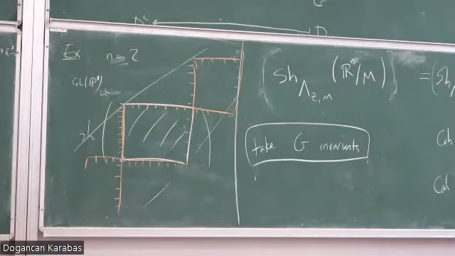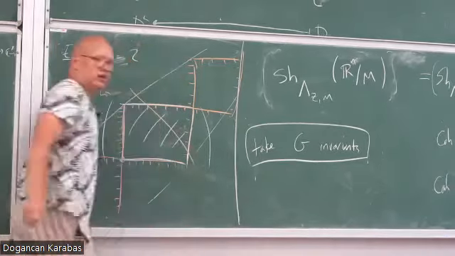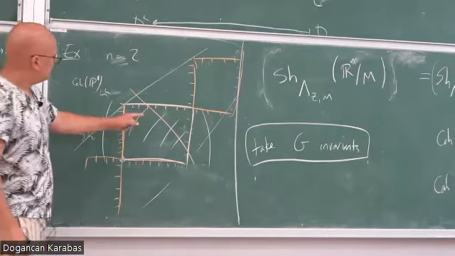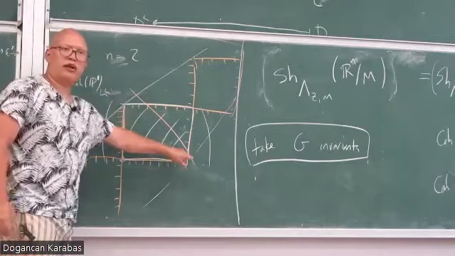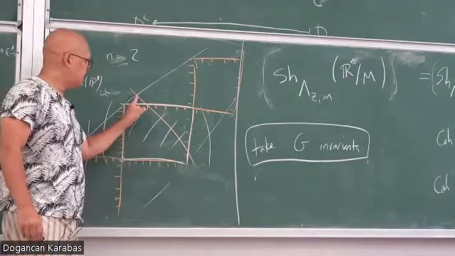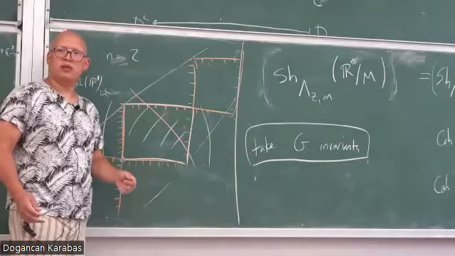But that's not what we saw last time. What we saw last time is that if I take a slice of this tube, on this slice you have one positive covector and one negative covector. What we saw last time is that on a slice of this tube, you get coherent sheaves on P1.